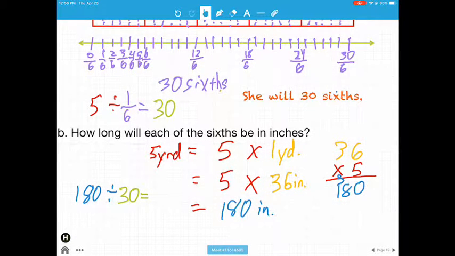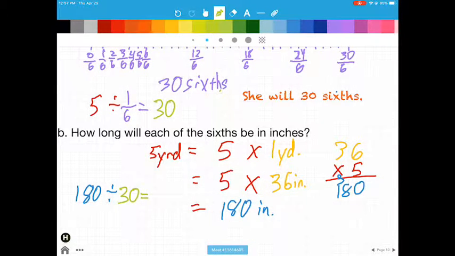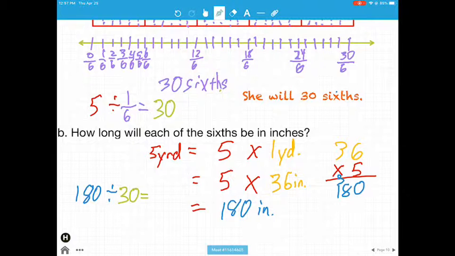Now we are changing those 36s into, what we're figuring out is how long each piece of ribbon is, each of those 30. So we're dividing it, and hopefully you see it already, that it's 18 divided by 3, which is 6.